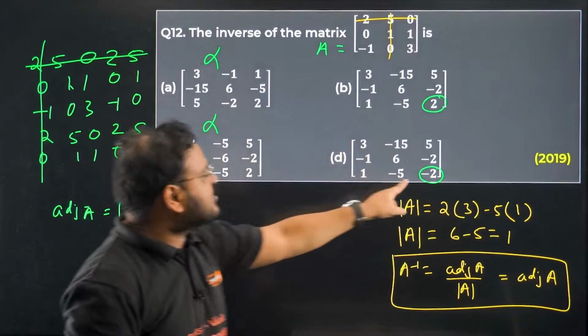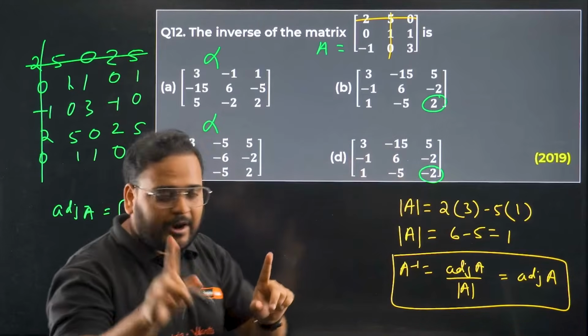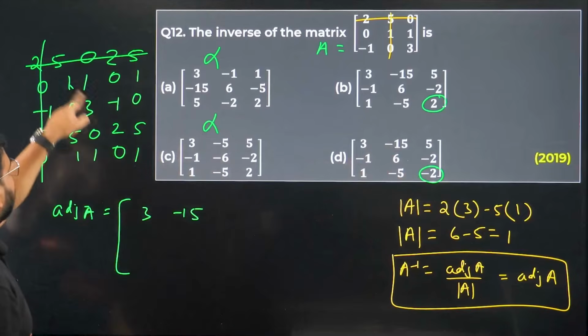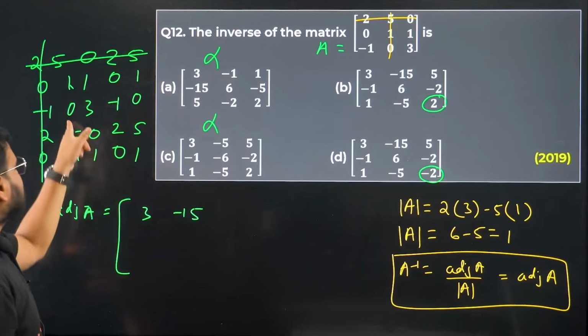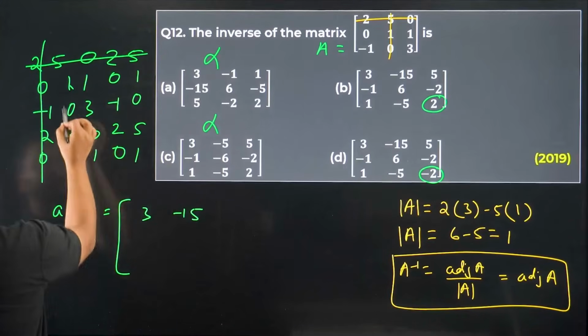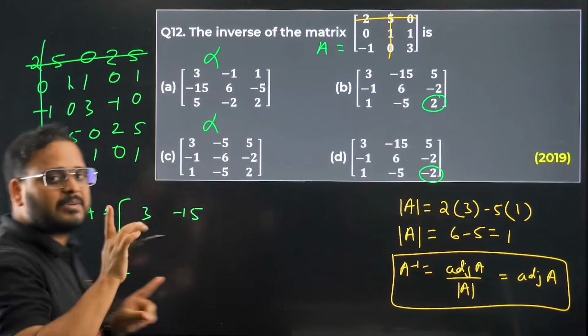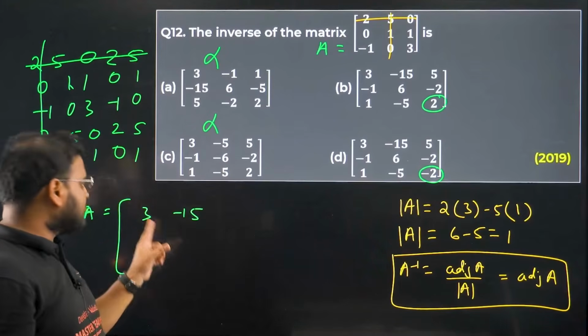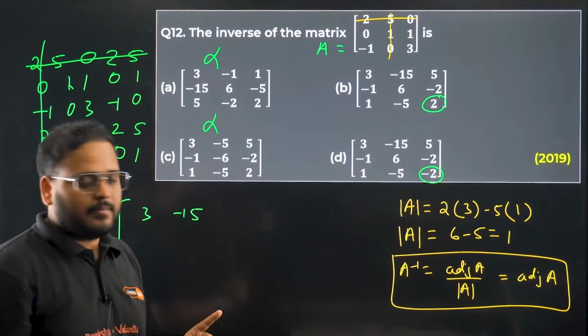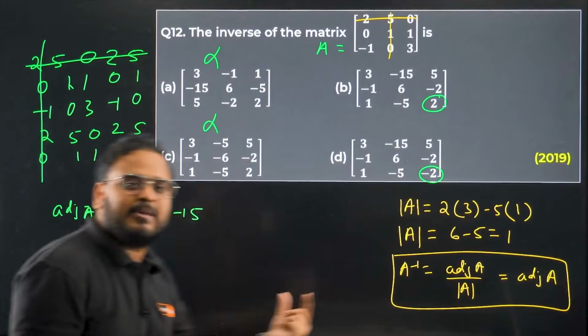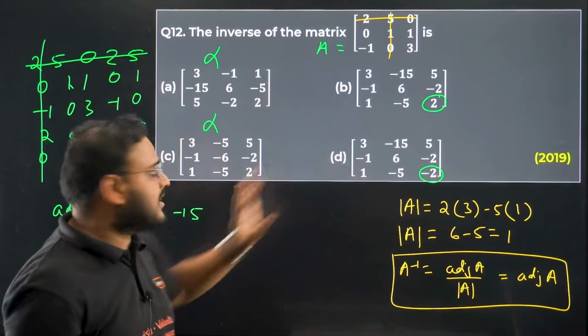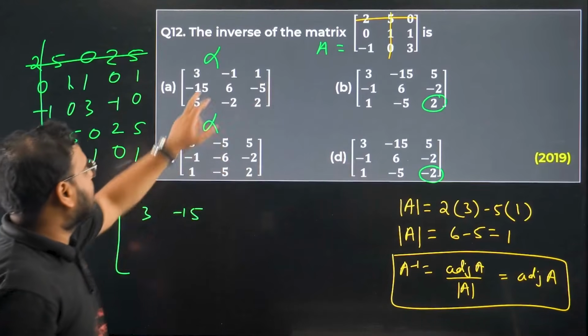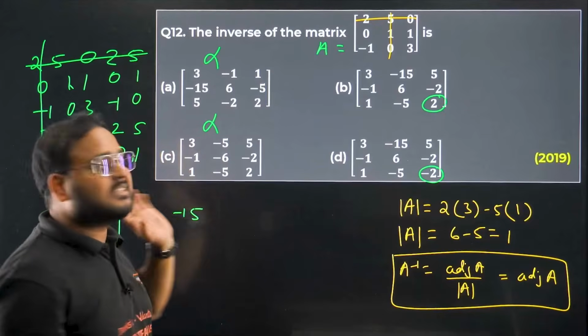So we'll check for the last term only. Getting my point or not? Once I find the first term, 1 into 3 is 3, minus 0 is simply 3. Second term, 0 into 0 is 0, 3 into 5 is 15, subtraction makes minus 15. So first term is 3 and second term is minus 15. Of the adjoint, adjoint is same as inverse. They're asking us inverse. It means first two numbers are 3 and minus 15. Option A does not have that, option C does not have that.